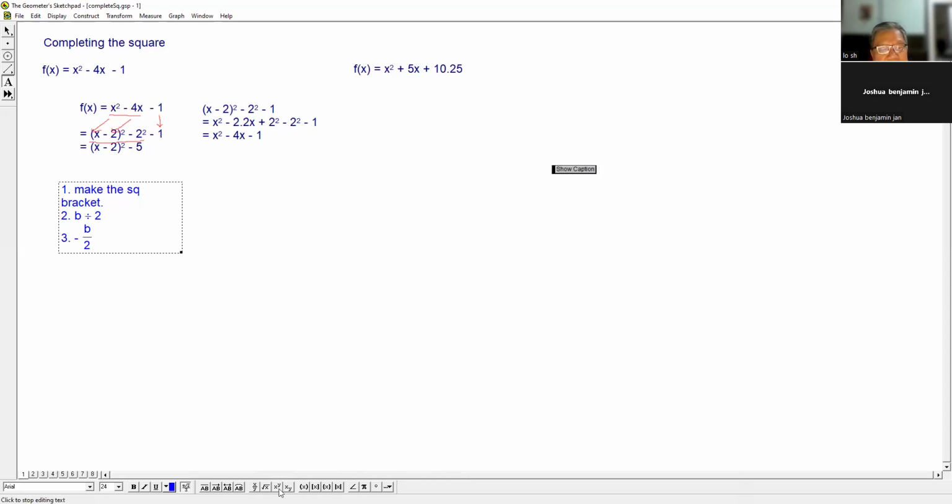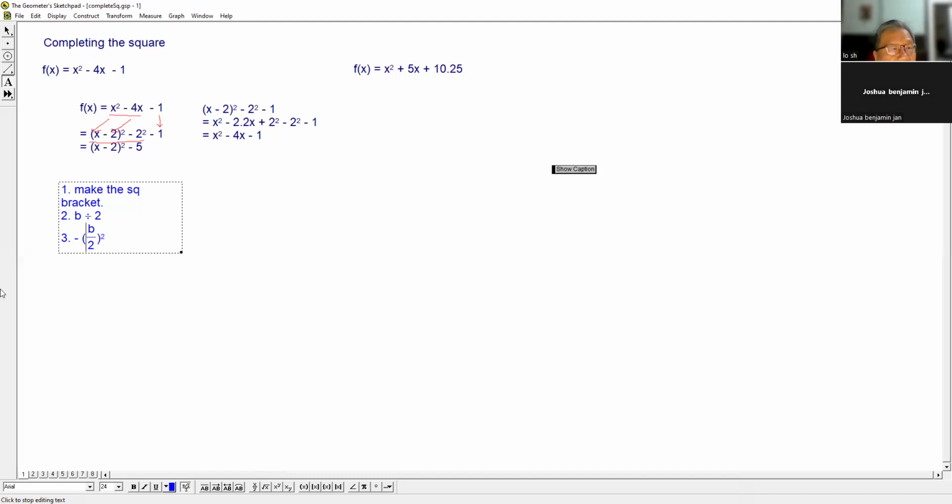Minus the b over 2 square is this one. Then this number you just copy down. That's all. So altogether, there are 3 steps.